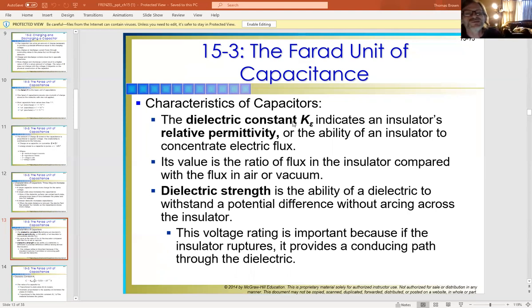So when we deal with the relative permittivity of it, which is the ability to reject the charge, or in the way he puts it, the ability of an insulator to concentrate electric flux. What the hell does that mean? So it's its ability to resist the voltage. It will resist it to a certain point, and it says, nope, you're not getting through.